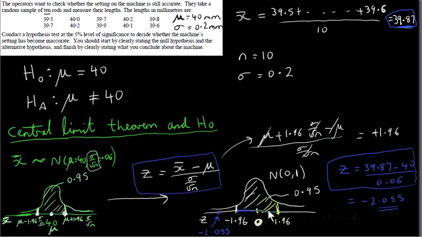Now, under the null hypothesis, there's a 95% chance that we would get a value in here. And there's a 5% chance that we get a value that's outside of it. So 95% of the area lies between here, and 5%, that's 1 minus 0.95, lies outside. So the area of this tail here plus the area of this tail here add up to 0.05.